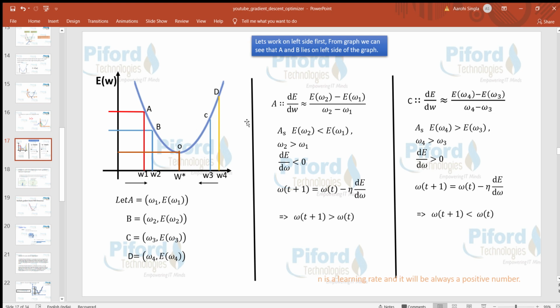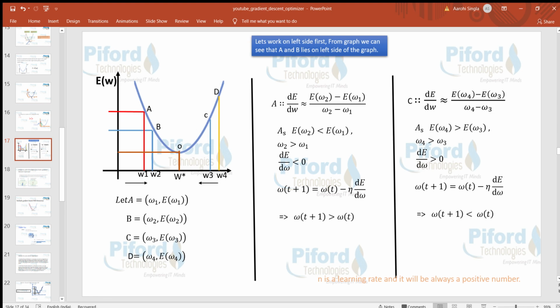If you see this image, this is W2, and the error associated with W2 is here. Error of W2 is less than error of W1. W1 is here and the error associated with W1 is here. This error of W2 is smaller than error of W1, right?